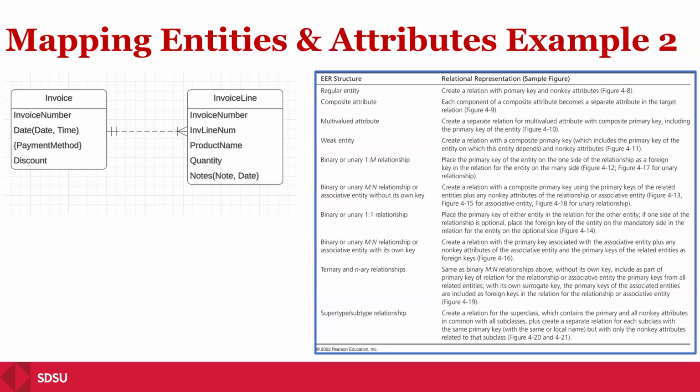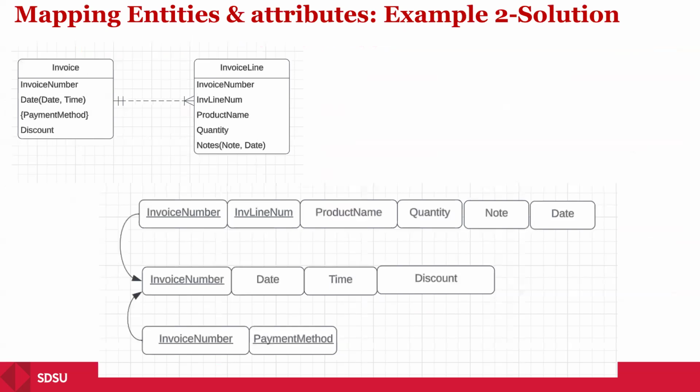Okay, so we're going to have three relations. Why? We're going to have one for invoice line, right? But also, since we have the multi-valued attribute payment method, we are going to have a separate relation for that. So the result is going to be an invoice line relation that has a primary key of invoice number and line number.